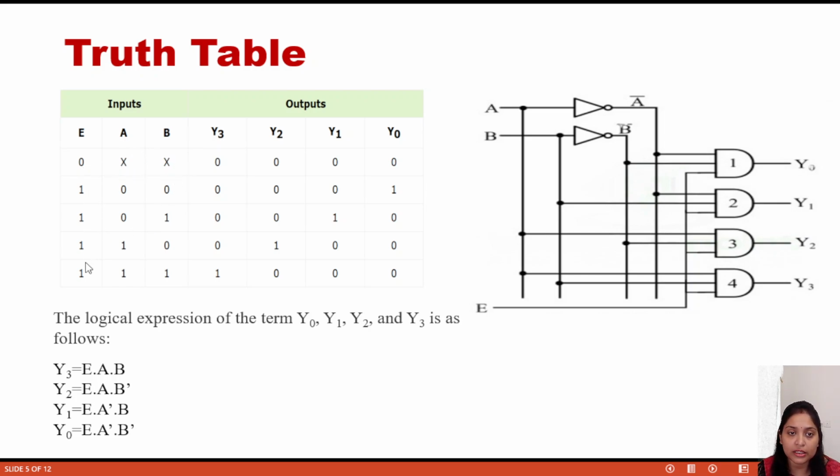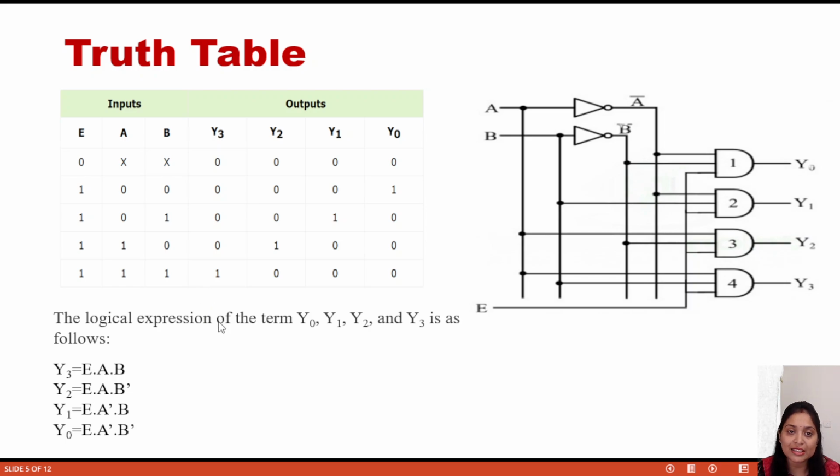In all other cases the enable input is 1, and I only concentrate on these. For the 00 input, only output Y0 will be high. Then for 01, output Y1 will be high, for 10 output Y2 will be high, and for 11 output Y3 will be high.